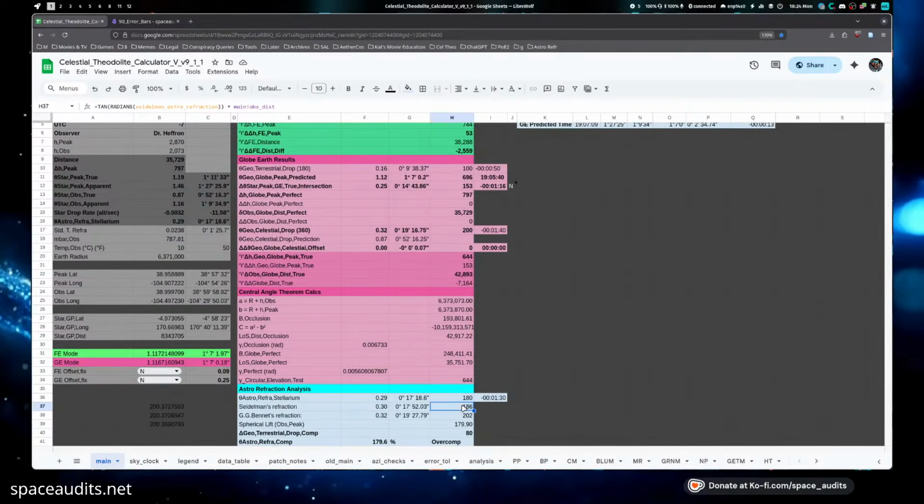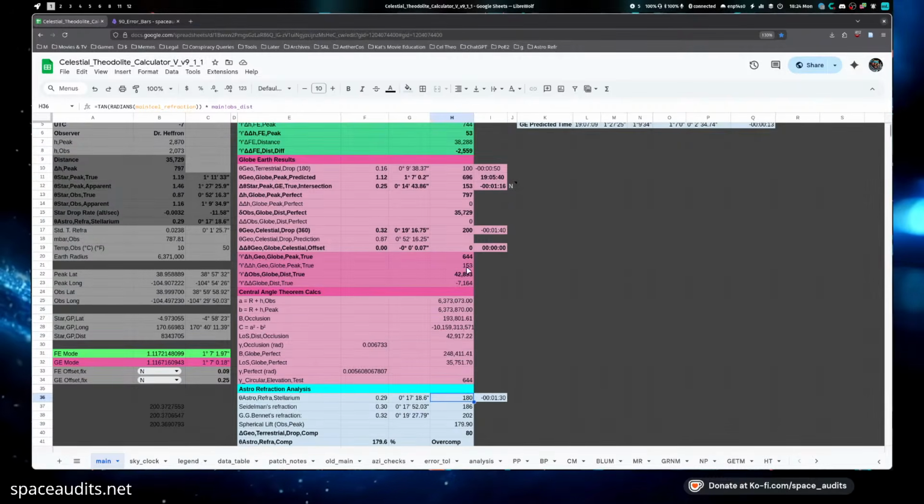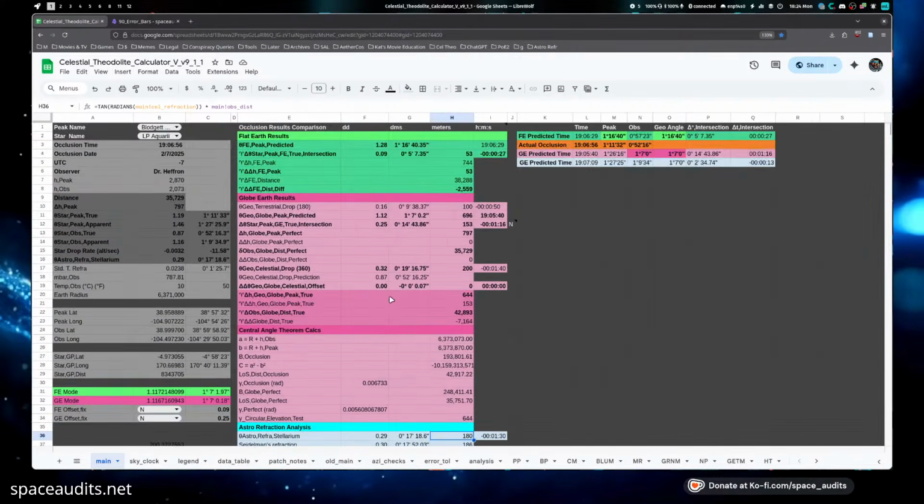So it basically is overcompensating for how much there should be just regular globe drop if there was no mountain. This is explaining why the elevation change isn't following the half gamma for their drop over distance. So anyway, for the time of occlusion, where they would want to go, okay, well, it's refracted, we're going to use the apparent position.